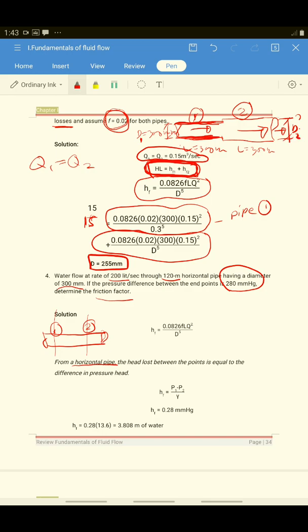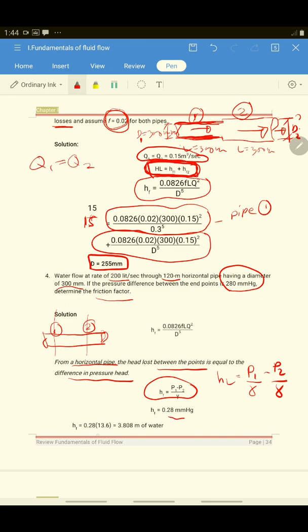So the head loss is just equal to the difference of the pressure head. And that is in mercury.